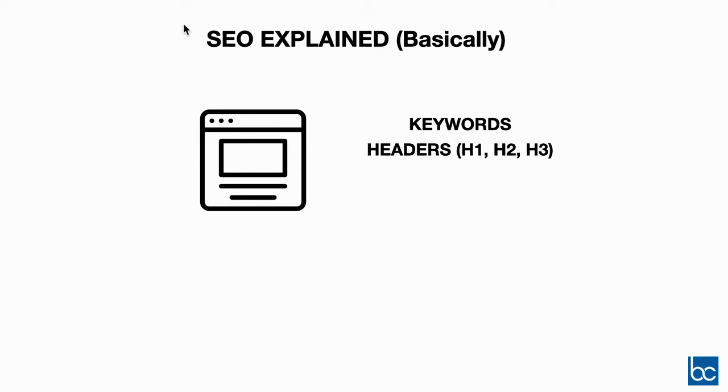The next thing is headers. These are like H1, H2, H3. What this means is, if you've ever made an edit to a website and you've got a builder where you can drop down the predetermined formatting at the top, they're going to be like heading 1, heading 2, heading 3. That's what we mean by this. Search engines are going to look for this.